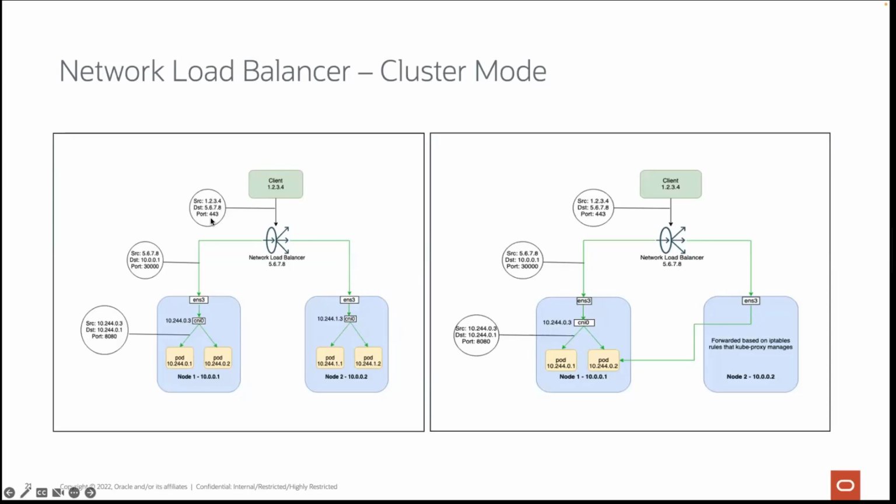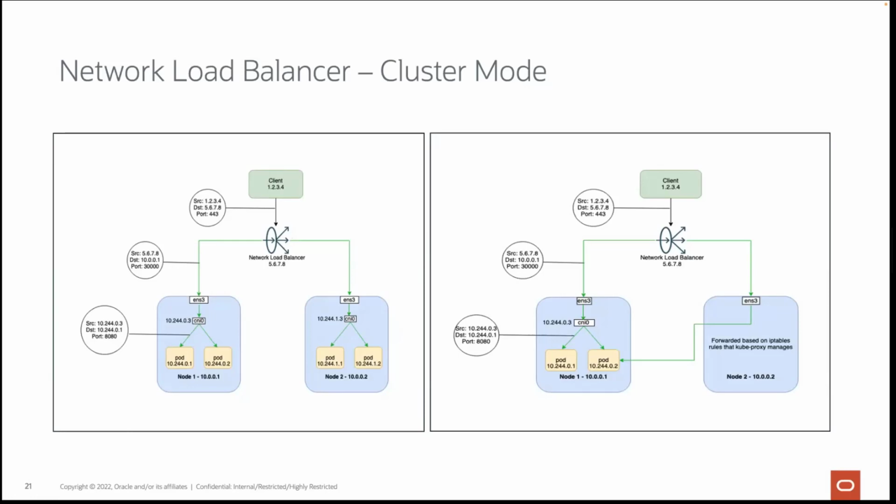As you can see here, when the traffic comes from the internet, the source IP address gets changed at every hop. It gets changed at the network load balancer, then at the worker node level, and then the CNI right here changes the source IP address to its own.